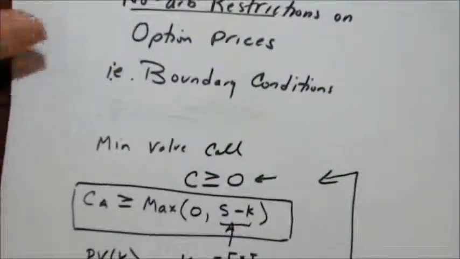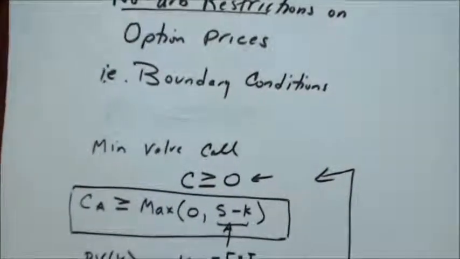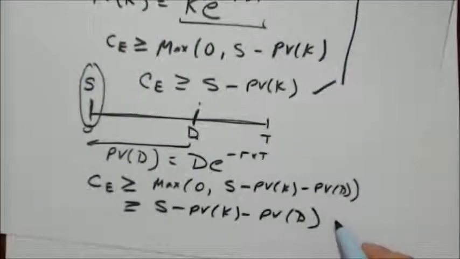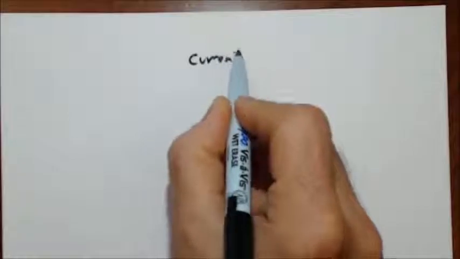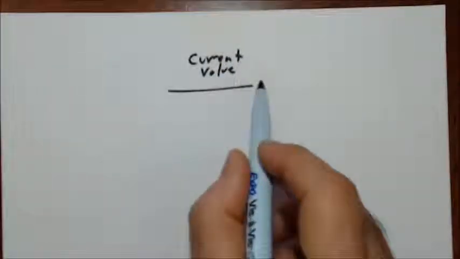So we could build a table like we've done with futures contracts and actually show this concept. Okay. So what I'm going to do is build a table. And I'm going to label here current value of the portfolio of some assets.